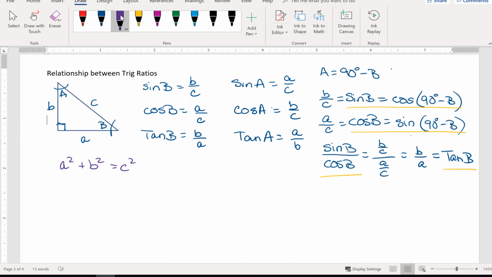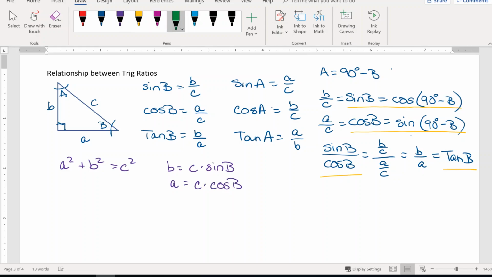So if we multiply both sides by c, then we get b is equal to c times sine of b. Similarly, with cosine of b, we know that this is equal to a over c, but if we multiply both sides by c, this would give us a is equal to c times the cosine of b.